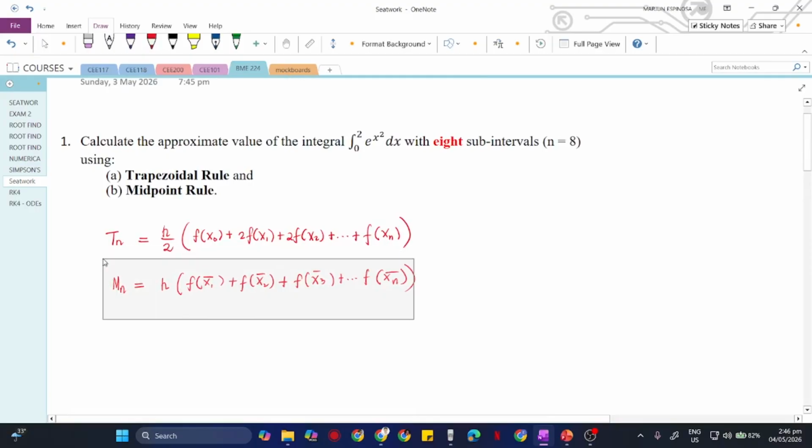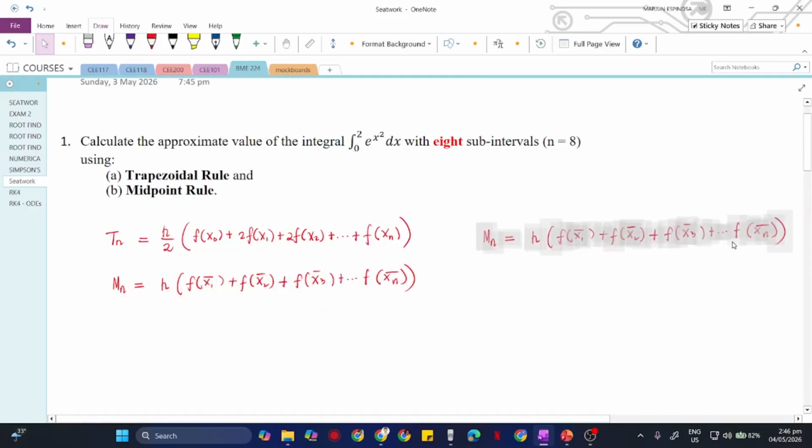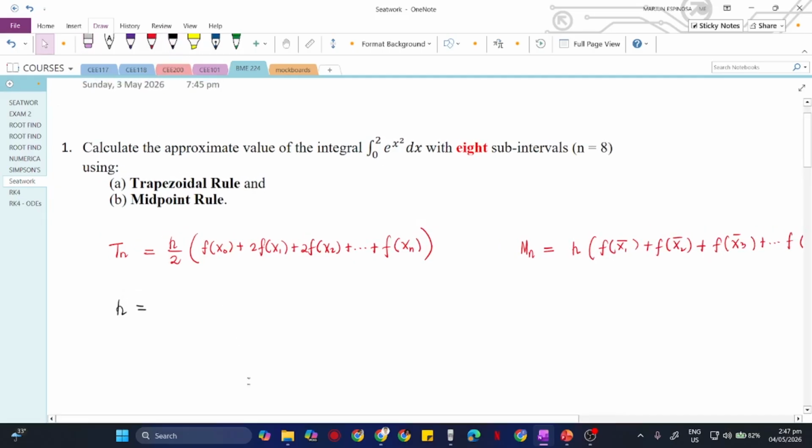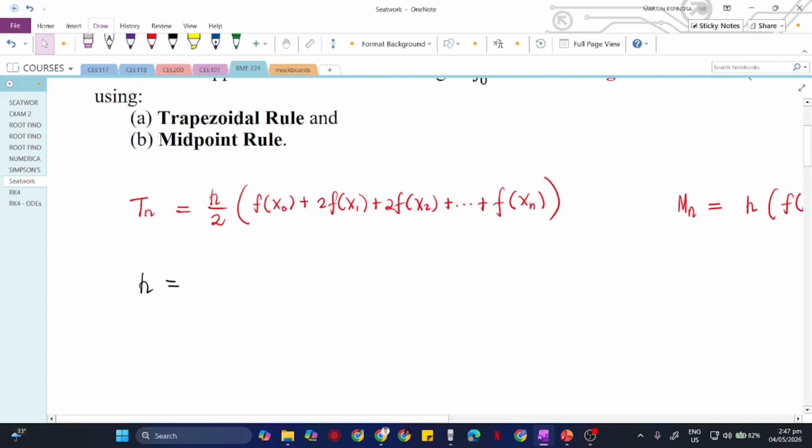Okay, una, we can start with yung trapezoidal rule. For trapezoidal rule, ano yung h natin or yung step size? Formula niyan is ano to, class? B minus A over number of subintervals. Tama. This is your h.